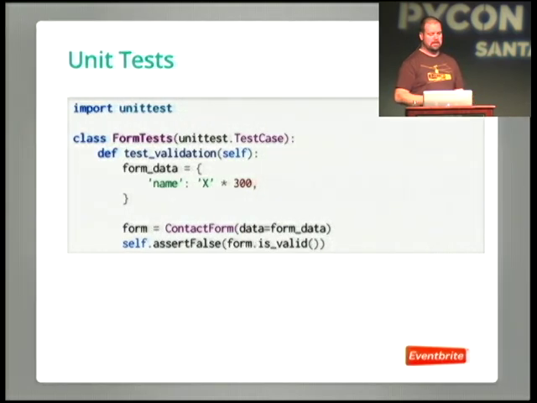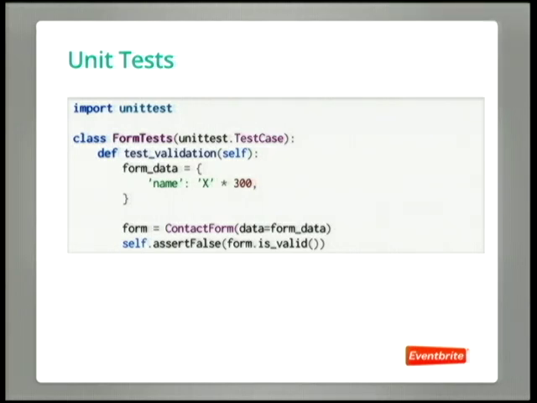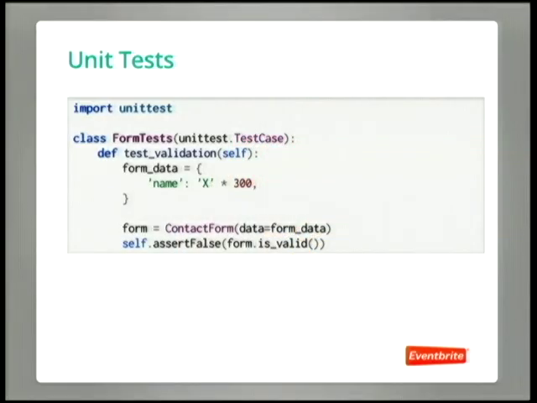This is a simple test that tests our contact form and tests that giving it a name that's way too long is really going to be invalid. So I constructed my dictionary of test data here, and this would come from the post if you're actually in a real request situation.